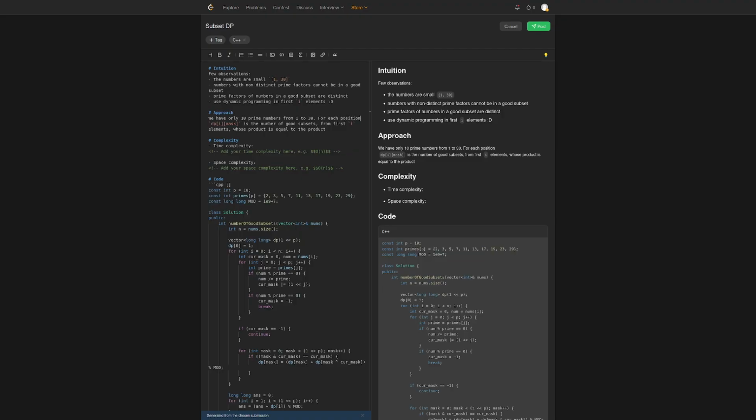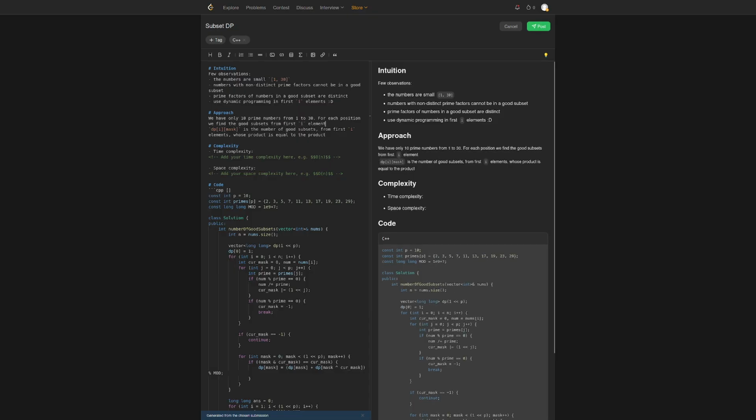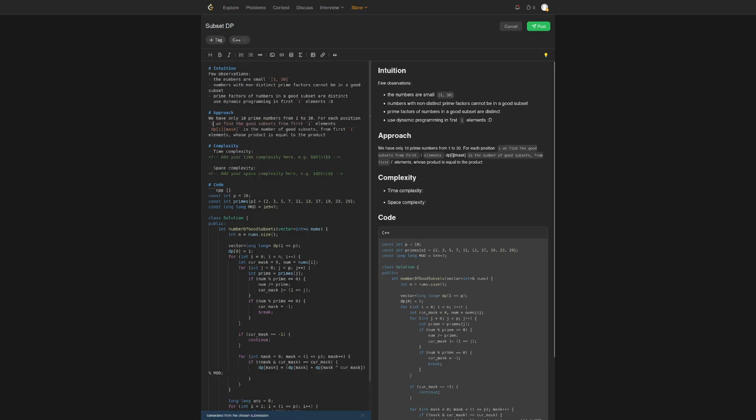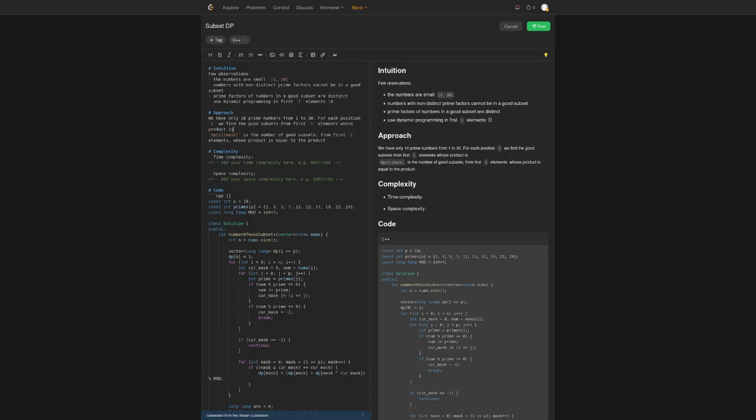For each position I we find the good subsets from first I elements whose product is made up of a subset of the 10 primes, maybe.